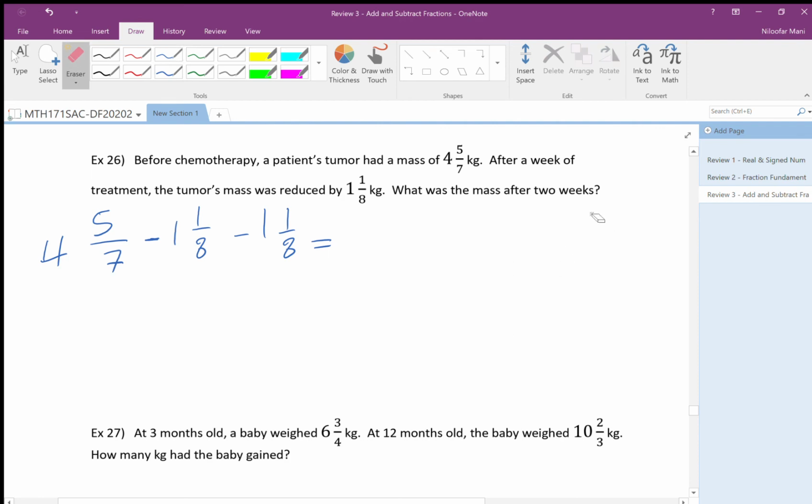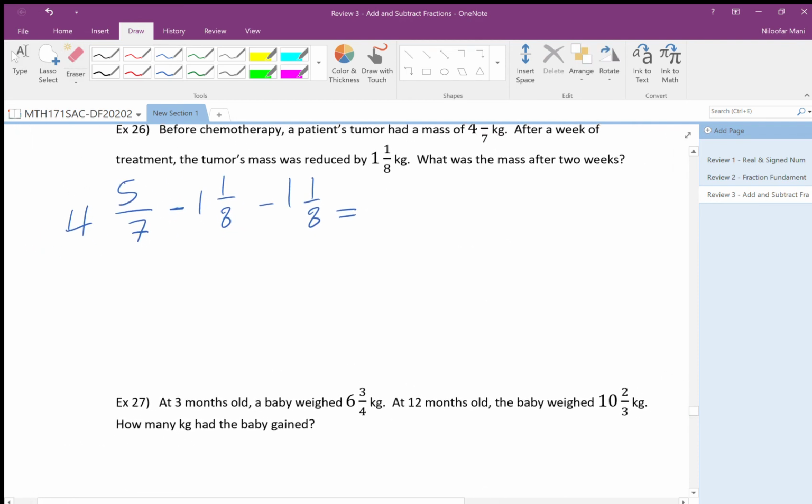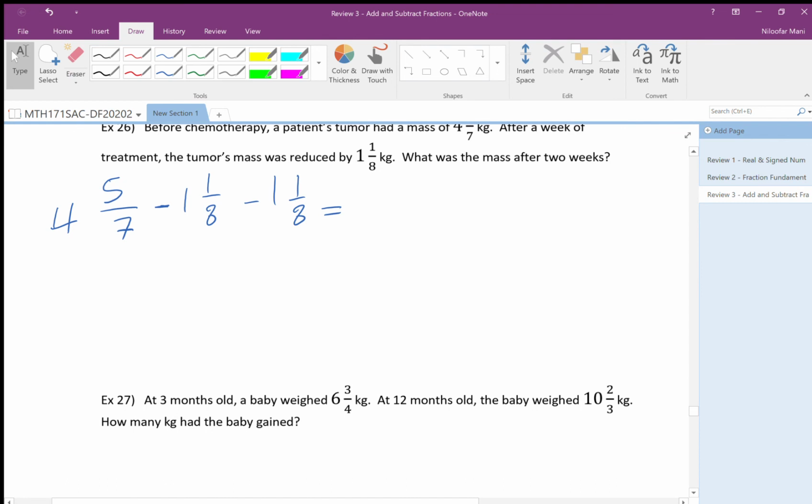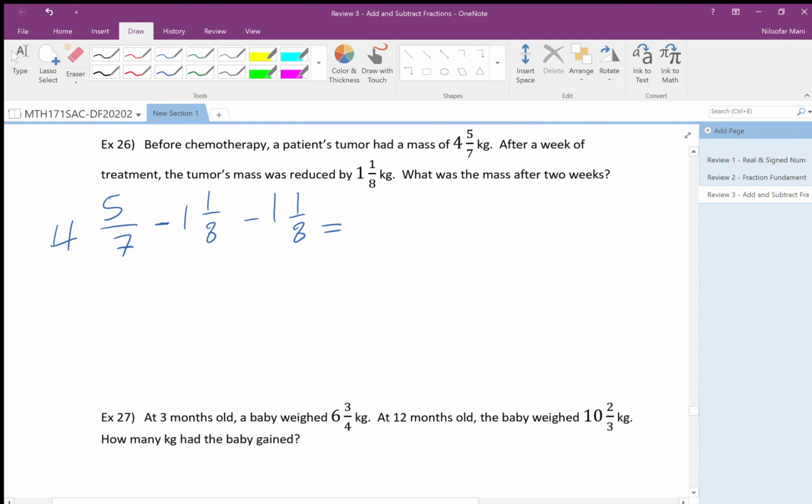I'm not sure what's wrong here. Between 7 and 8, what is the common denominator? Before thinking about least common denominator, I have to think about improper fraction. So what is the improper fraction here? 4 times 7 plus 5, so it's 33.